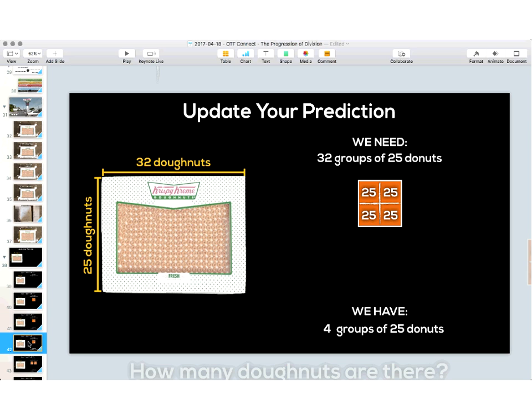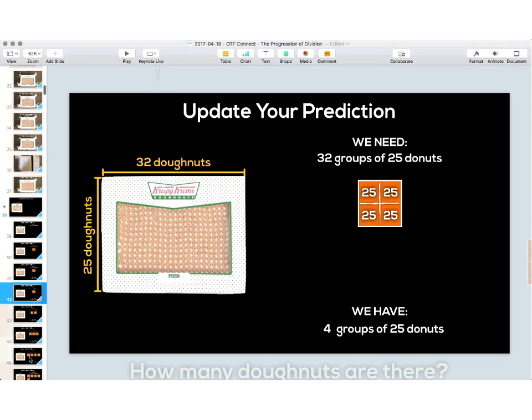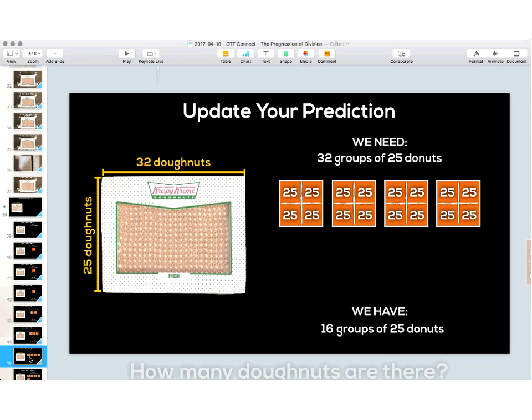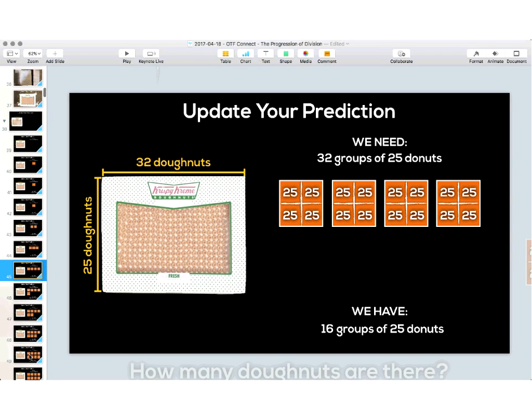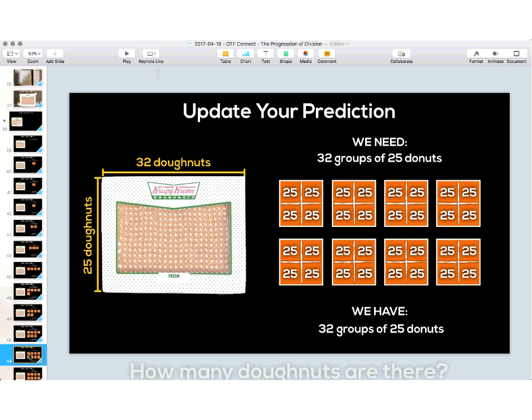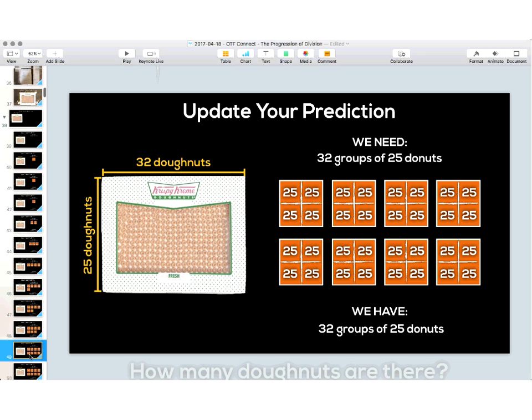So if there's 4 25s in 100, I could go to my base 10 blocks and I can start doing a little bit of work here and say, well, 400 flaps would give me actually 16 25s. And if I continue to build upwards, I can see 32 groups of 25 is actually just 8 100 flaps.